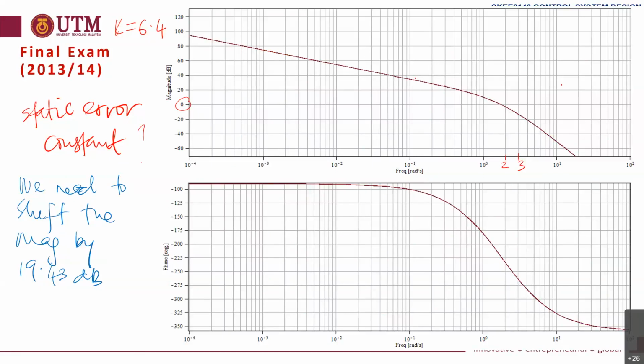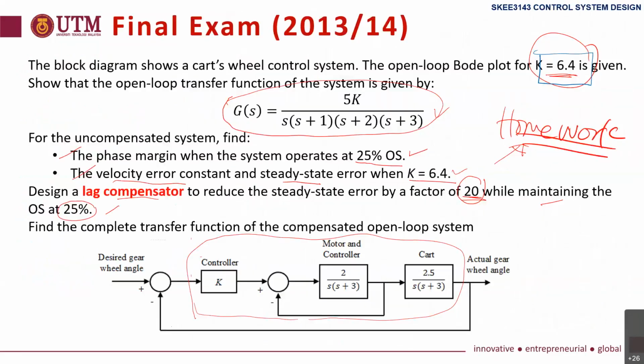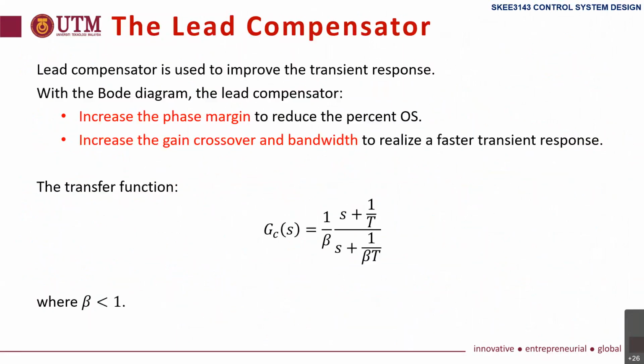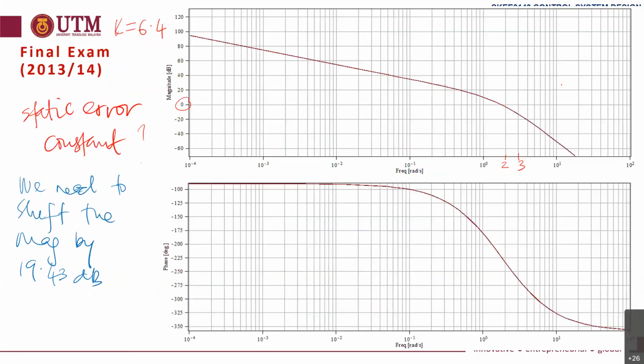For example, 1 dB here, again, it will depend on your value from the beginning. If you get a different K here, then the value to be shifted will be different. So please do it according to your value. So all will be shifted about 20.